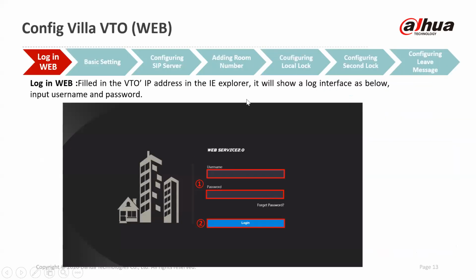At this point, through the VTO, we do configuration through the web interface. We access it via the web interface, whereby we have to log in and fill in the VTO IP address. With IE Explorer, it will show the login interface as below. Input the username and the password.